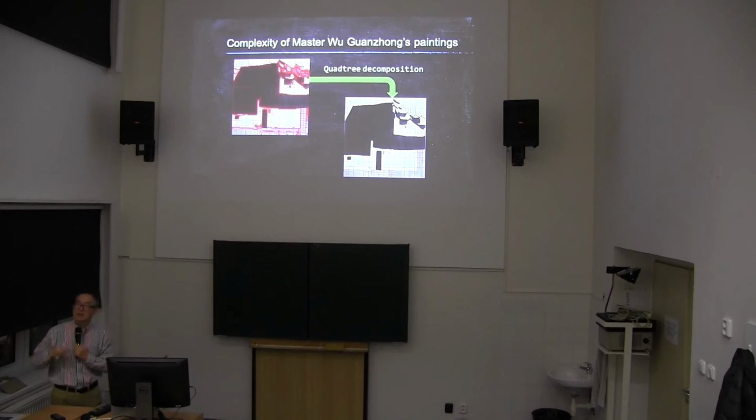The complexity is in the sense that in the end, we want to be able to quantify the beauty, or what we call the aesthetics, of a painting. This is a very challenging task. When you compare two paintings, one is more beautiful than the other. It's not purely subjective. From our point of view, we may be able to quantify and measure it. So complexity is one of the measurements that we are using.